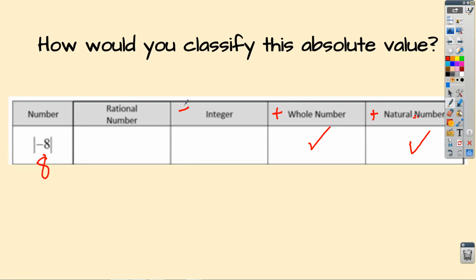Integers is the first time I see positive and negative, and rational is the same way. Is 8 an integer? Yep. Is 8 rational? Yep. So absolute value of -8 is all of those things because it simplifies to just 8.